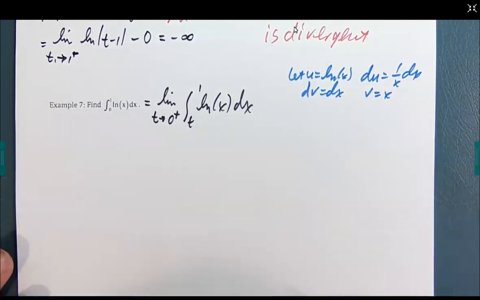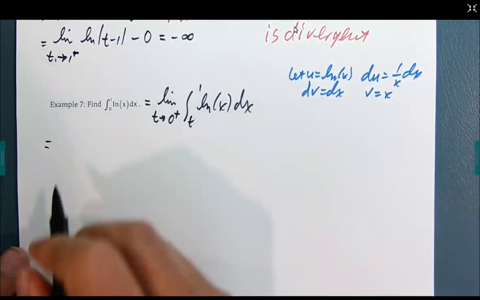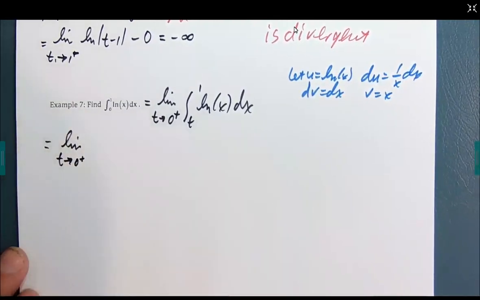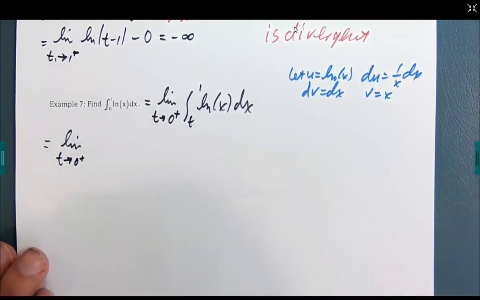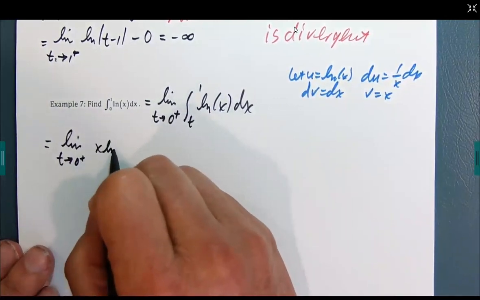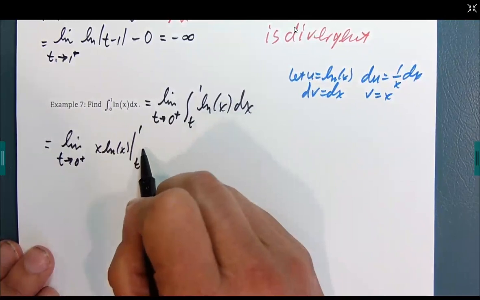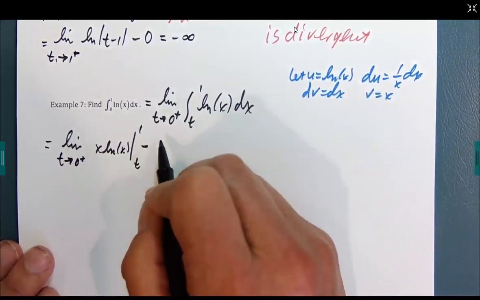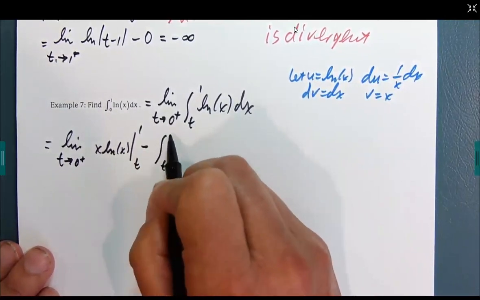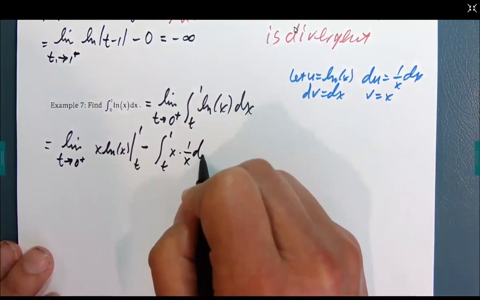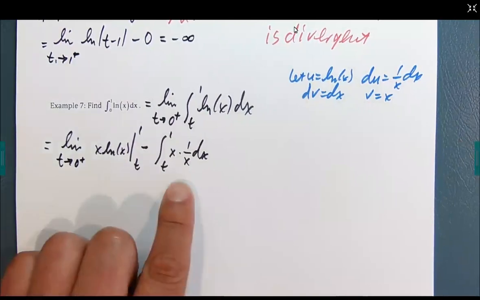And we're going to end up with the limit as t approaches 0 from the positive side, uv, which is x ln of x from t to 1, minus the integral from t to 1 of x times 1 over x dx, and you can see that goes away.